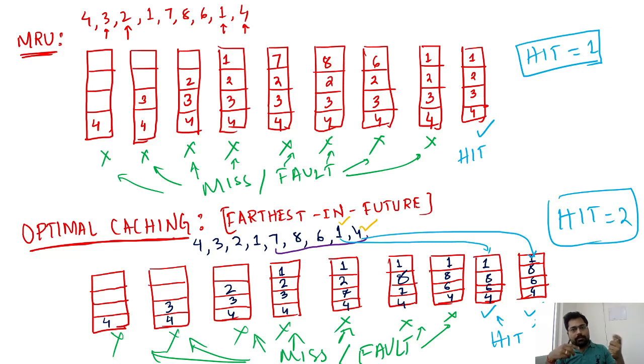In future, what data will be asked by the CPU, you cannot imagine. 100% accuracy you cannot get, because anything could be asked by the CPU. So the note for optimal caching is that it is not practically implementable.